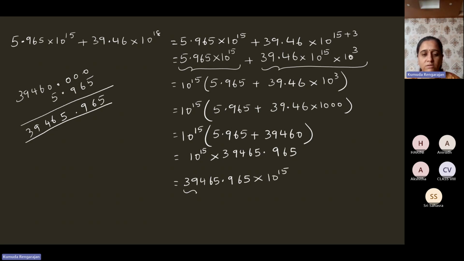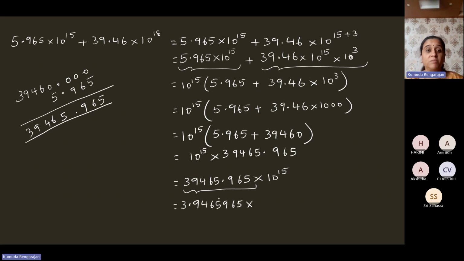Now this number is not 1 or between 1 and 10. So we need to write this number in the standard form. So it will be 3.9465965 into, so the number is large. It was 39,465 point something.